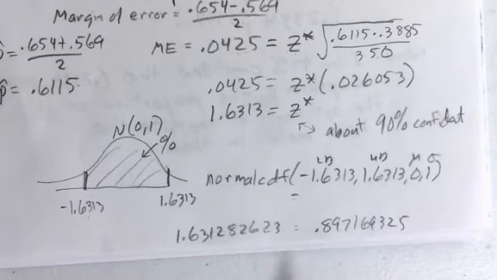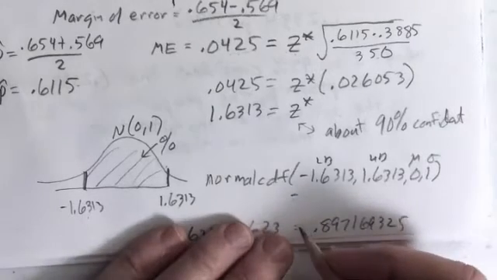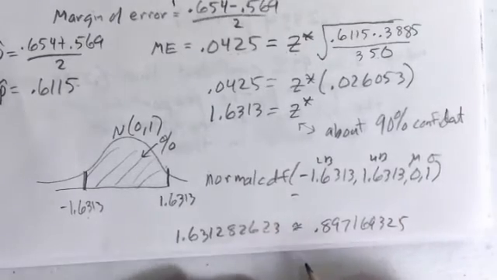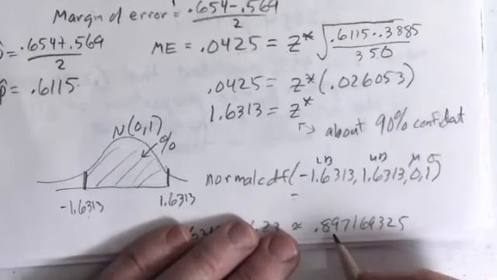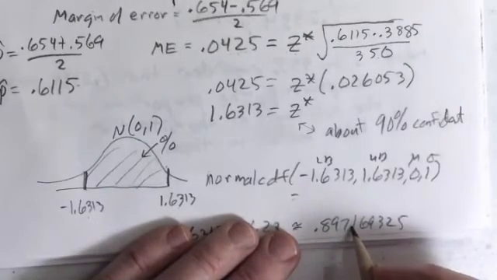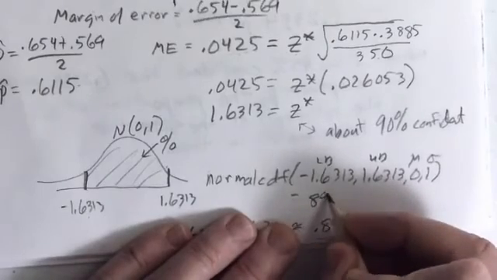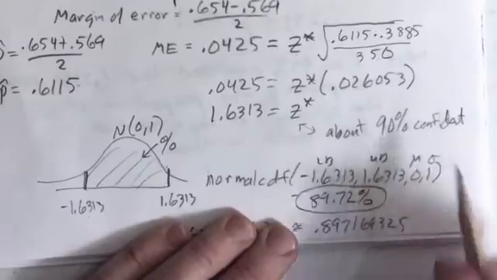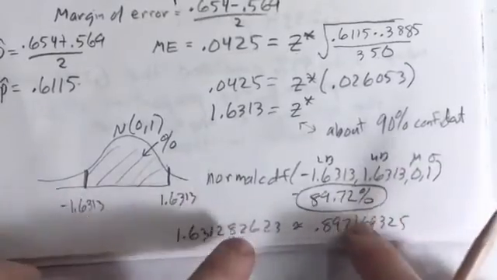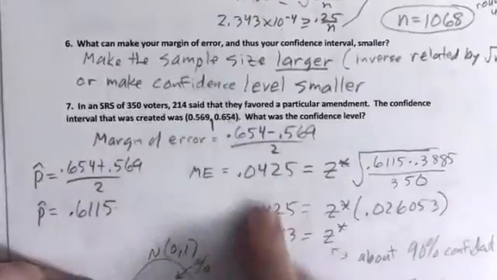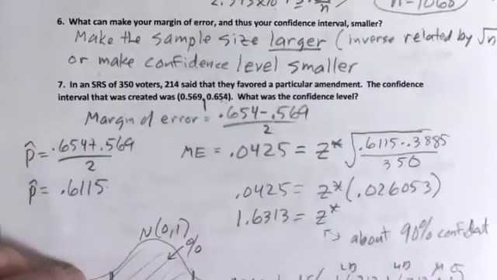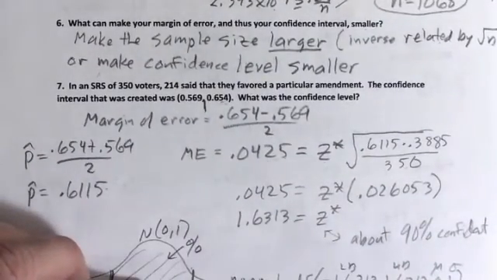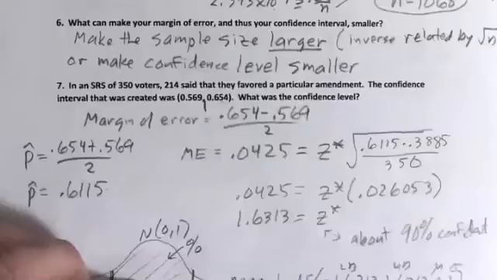When we do that, we get about 89.72%. But 90% is close enough. That is really a technical sort of thing. And like I said, this problem has only been on the exam a couple of times in the 23 years of the exam.